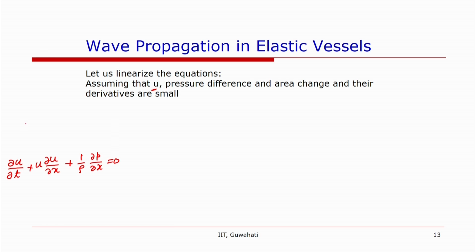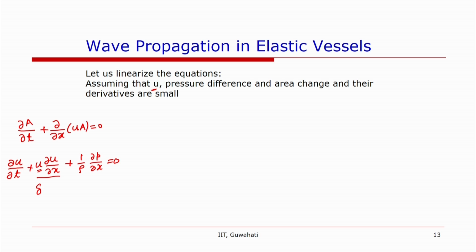The mass balance equation was del A over del T plus del over del x of UA is equal to 0. So these are the two equations, and now we need to linearize this. The force balance equation, if we look at, this term is the non-linear term, and it is multiplication of U, which we said is small.